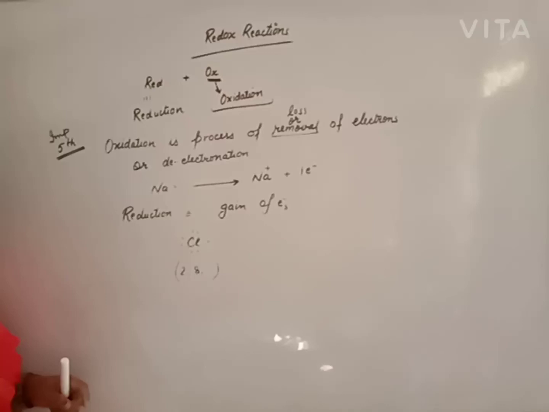Suppose you learn a reaction, nitrogen reacts with hydrogen in 1:3 ratio by volume to give ammonia, 2 moles of ammonia. Now, nitrogen does not have any hydrogen, but after the reaction it accepts hydrogen to give ammonia.